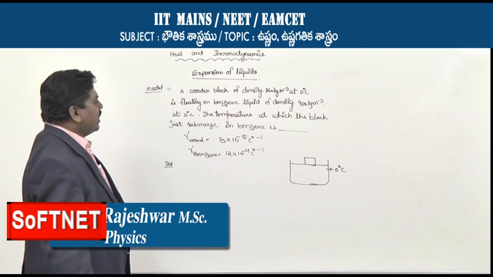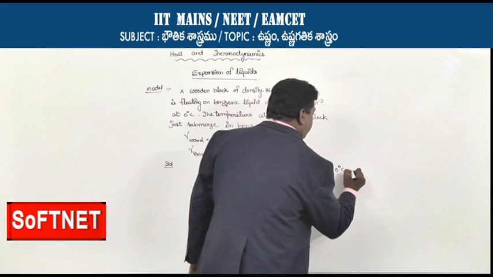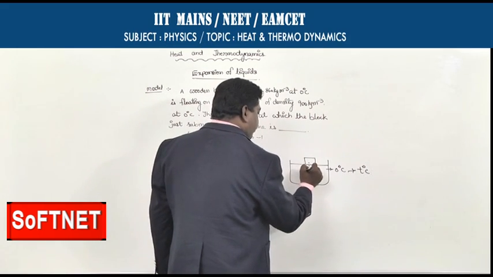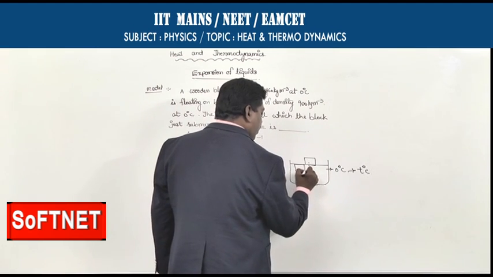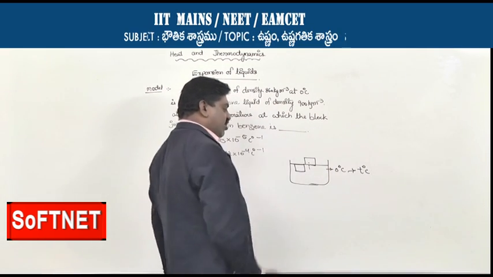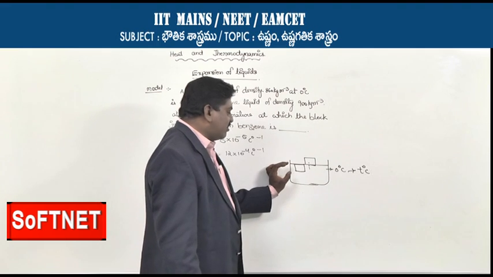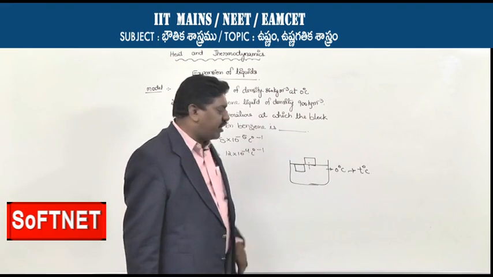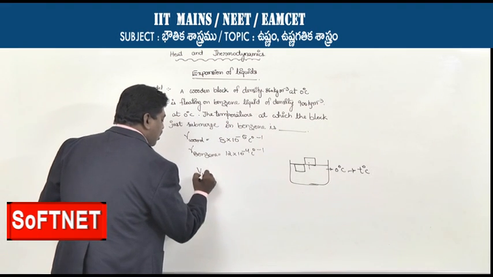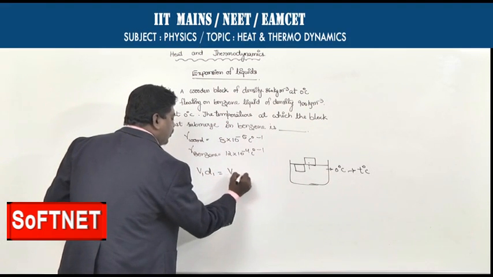When the temperature is increased to some T degrees Celsius, the wooden block just submerges and comes to the bottom surface of the liquid, and it looks like a suspended body. In such a case, from the law of flotation we are having V1 D1 equals V2 D2.